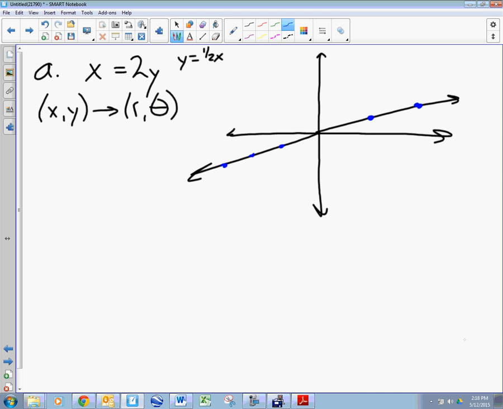And so what we do is we do a substitution. And you've learned this. For x equals 2y, we can plug what in for x? R cosine of theta. And what can we plug in for y?